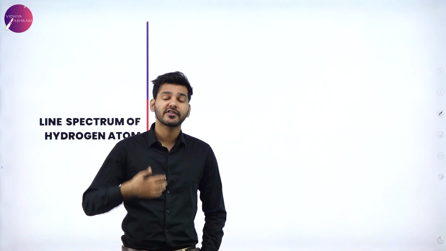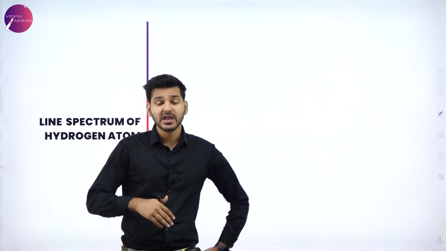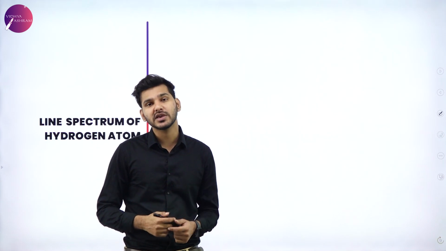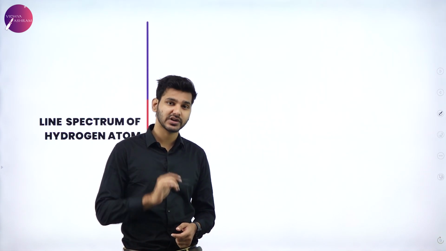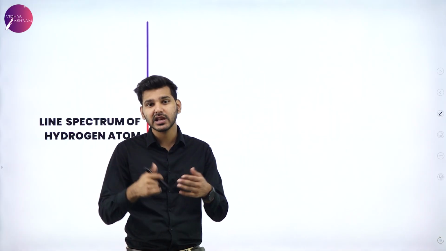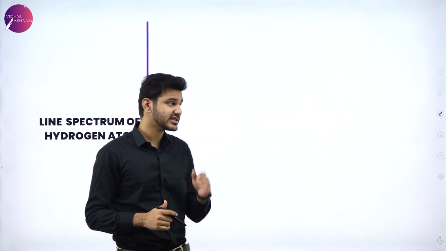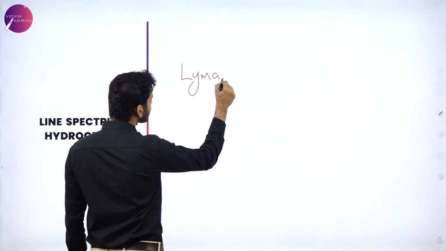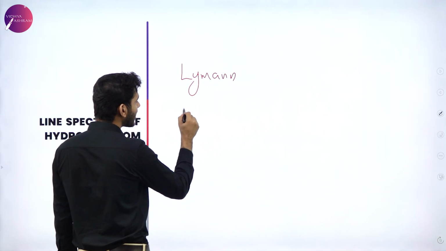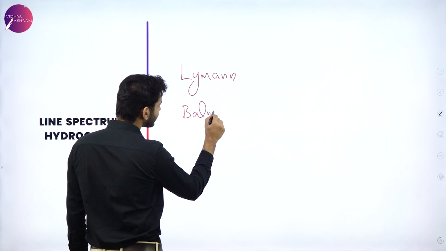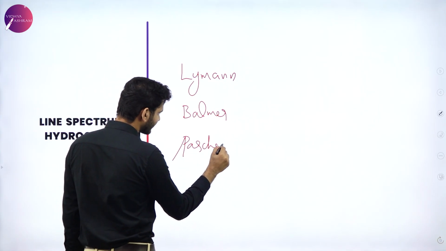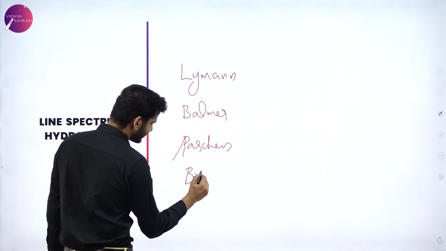Based on from where to where the electron is jumping and what kind of frequency it is producing, that is, what kind of photon is being emitted, we can predict or define certain series. The main series are the Lyman series, Balmer series, Paschen series, and Brackett series.